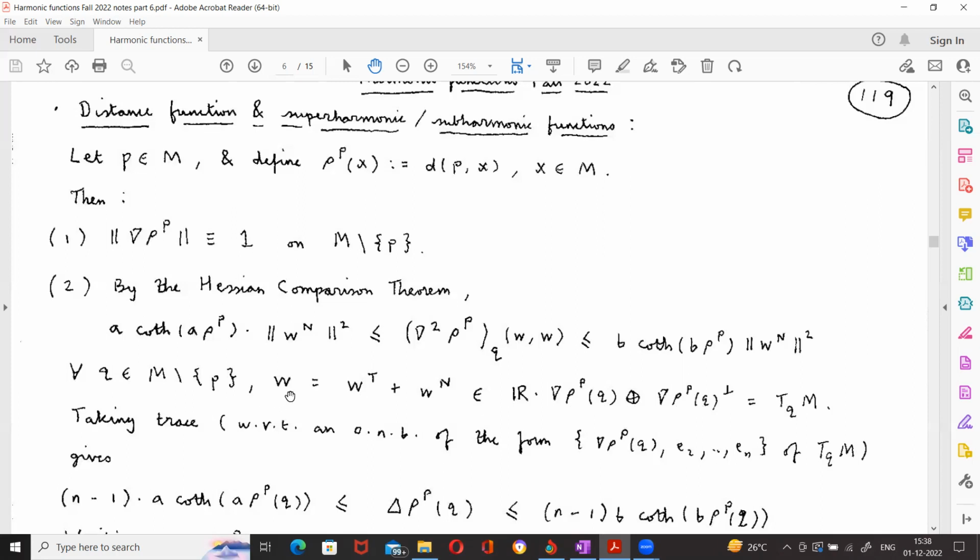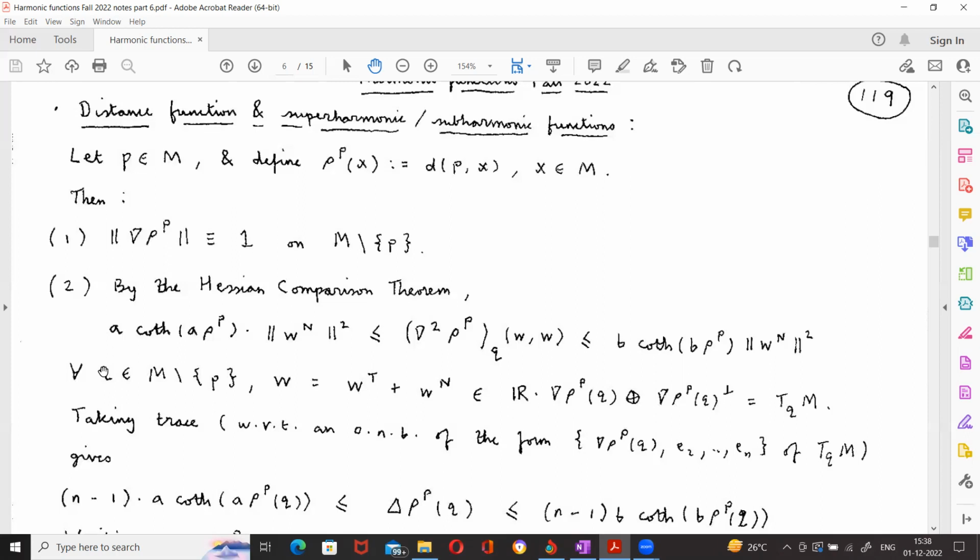So you write any W as W tangential plus W normal, with respect to this direct sum decomposition, the span of the gradient vector plus its orthogonal complement. So this normal component is the component which is tangent to the geodesic sphere passing through Q, with center P. Is that clear? Yeah. Right.